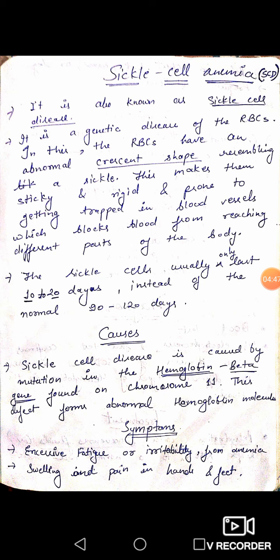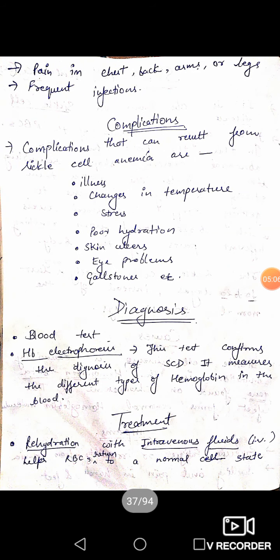So the tissues and organs are deprived of oxygen, and there will be swelling and pain in hands and feet and various organs. Next, pain in chest, back, arms or legs. Frequent infections.